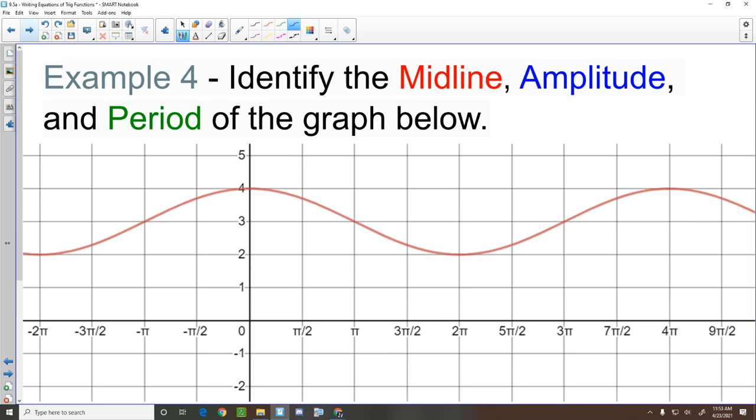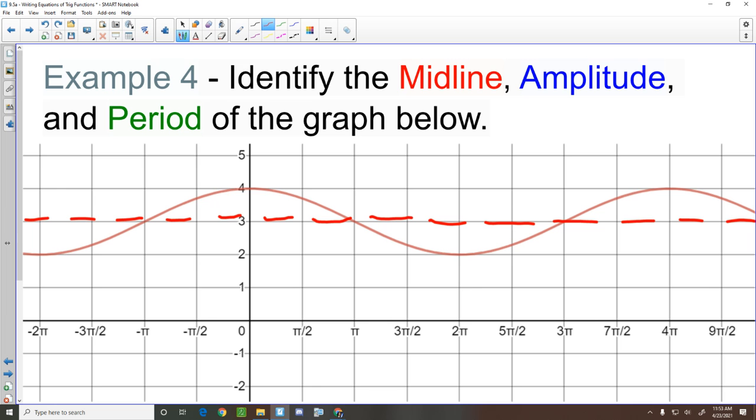All right, so midline, amplitude, period of the graph. Your midline would cut right through the middle, horizontally. That splits the wave right across the center from left to right.